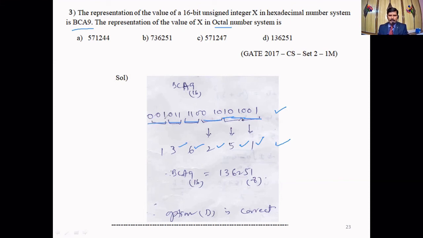Here one already stopped, but before that, to make 3 bits we need to put 00 on the left side. Because zeros on the left side do not change the value, this is 1. So 136253 is the answer, hexadecimal to octal. Okay, option D is correct.